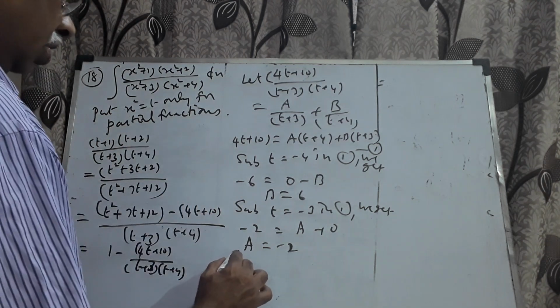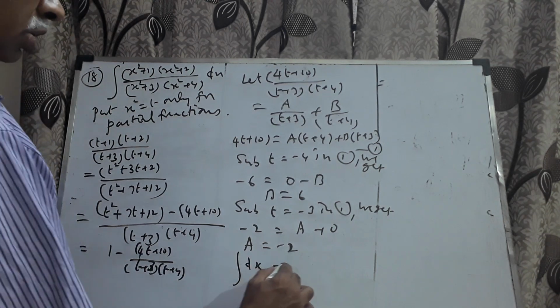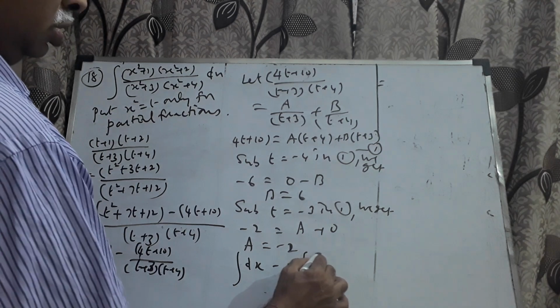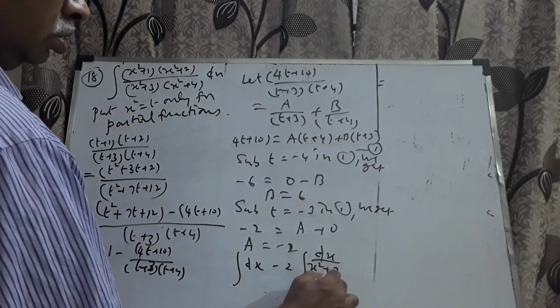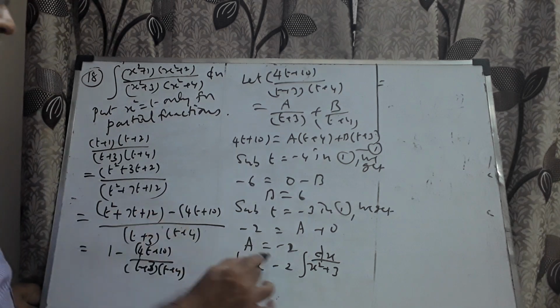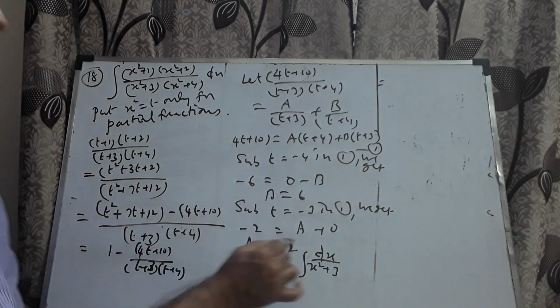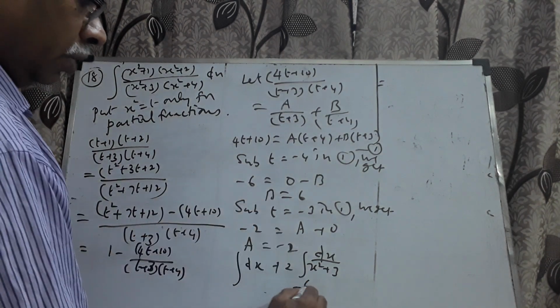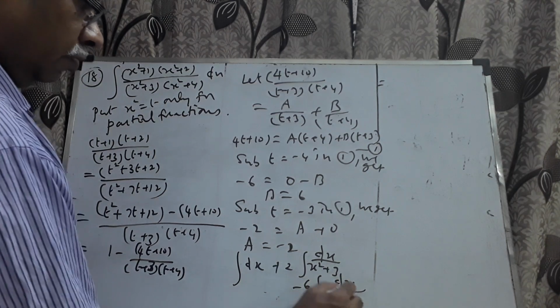Therefore, the whole integral now becomes integral dx, then minus of minus 2 becomes plus 2 integral dx by (x square plus 3). Remember this minus sign also. Then of course, minus of plus 6 becomes minus 6 integral dx by (x square plus 4).